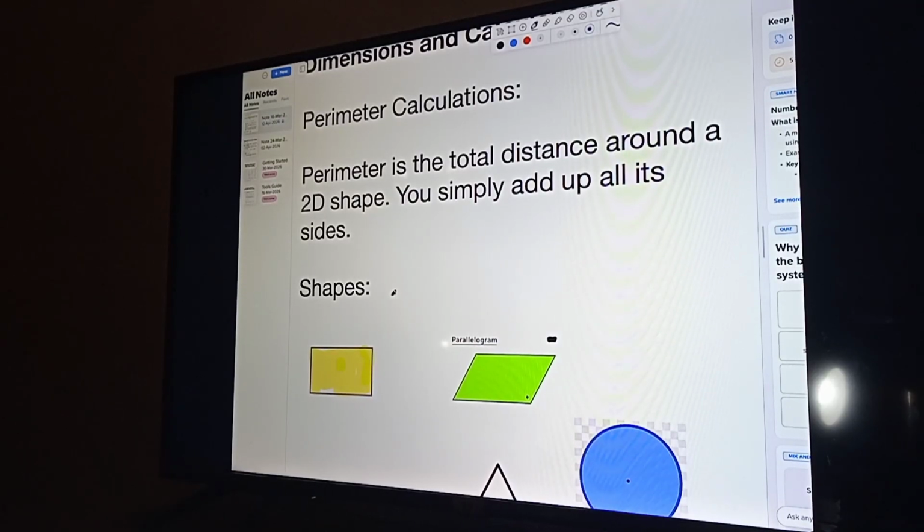But the perimeter is the total distance around the boundary of the shape, that is, starting from one side and moving along this rectangular shape. So the whole boundary is the perimeter of this shape.